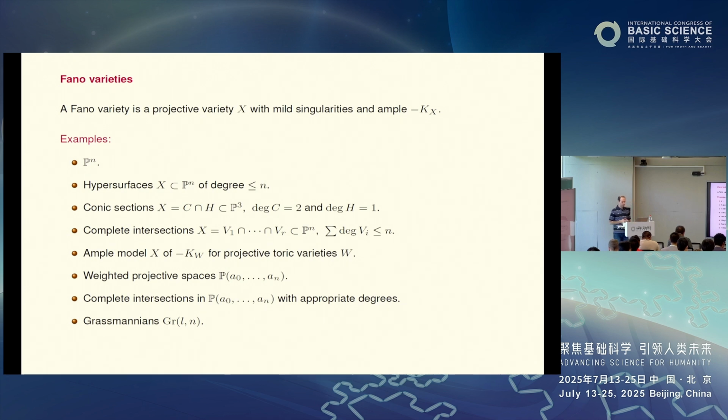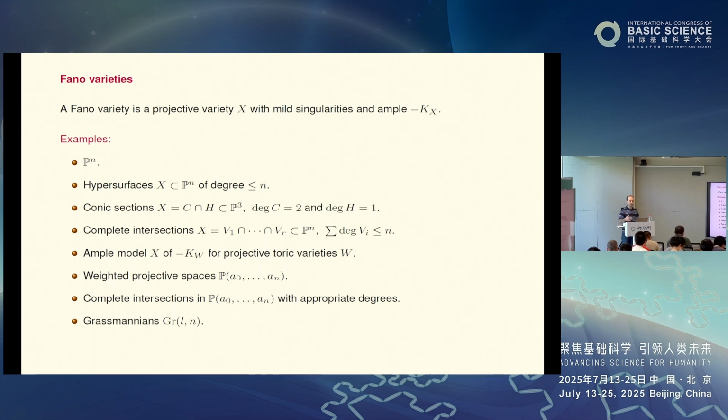And among these toric spaces, there is a special kind called weighted projective spaces. These are more general forms of usual projective spaces, and they are very useful for computations and constructing examples. Also, inside these weighted projective spaces, you can take hypersurfaces and intersections and so on.